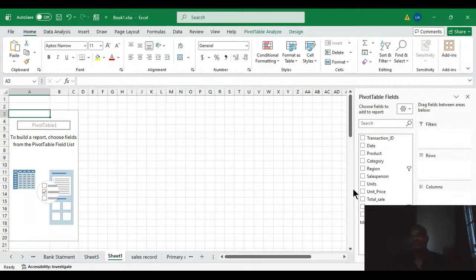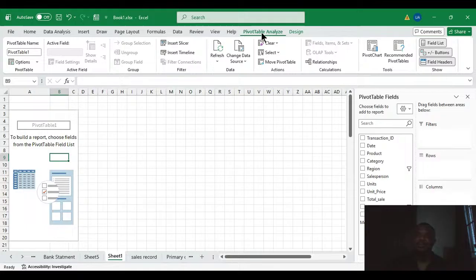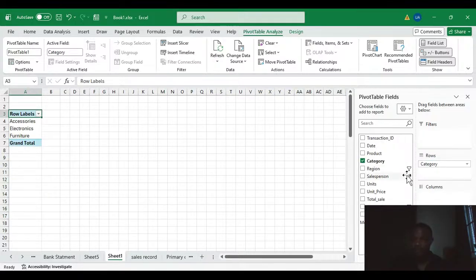All right, another area you can also look at is your pivot table. If we click on this analyze items, you would see, let me bring this in. I'm going to bring my category to here, and then bring total sales down here, to give me my products.